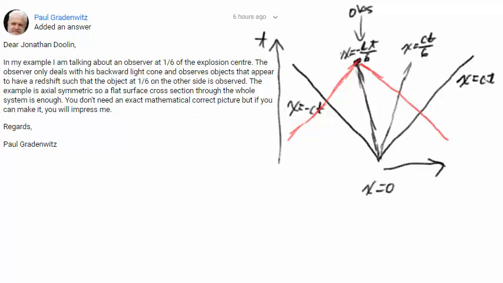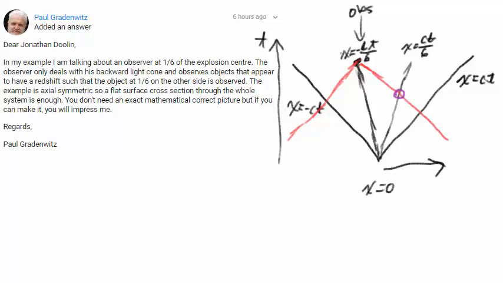So he's going to be looking at an object right here. The example is axial symmetric, so a flat surface cross-section through the whole system is enough.